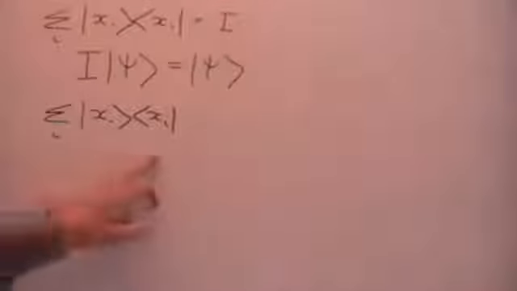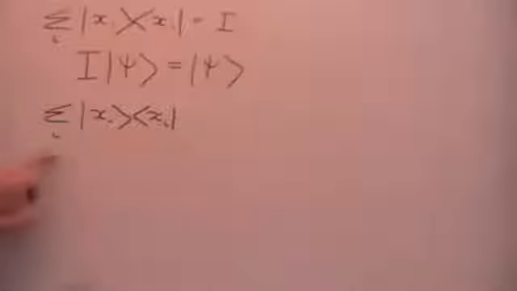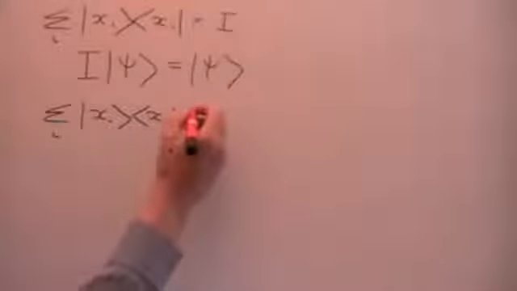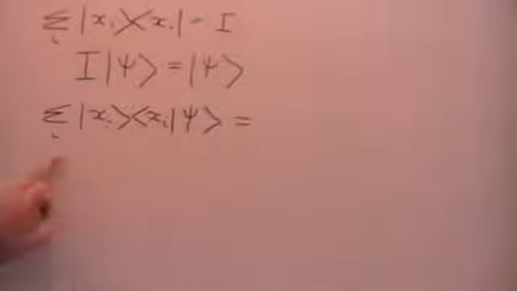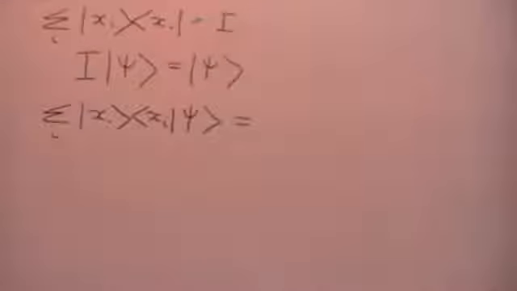That is, I assert that is the identity operator, but I've got to demonstrate that. So let's act that identity operator on psi. And of course, if that is true, if that is the identity operator acting on psi, I should get psi back. But let's see what we get.